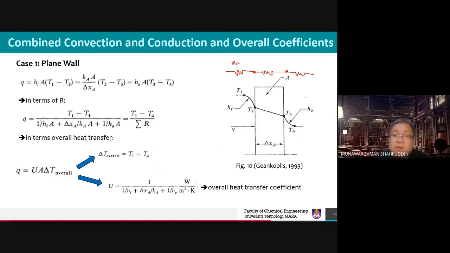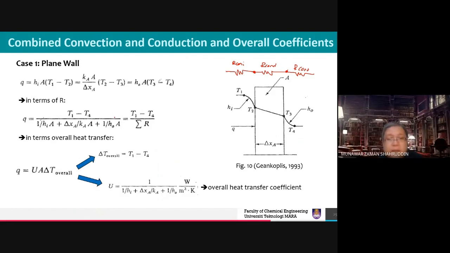So R convection inside, R convection outside, and then R conduction. So you can always go depending on how you want to design it, or if you want to find the unknown RA, RB, RC, that can also be done, no problem.